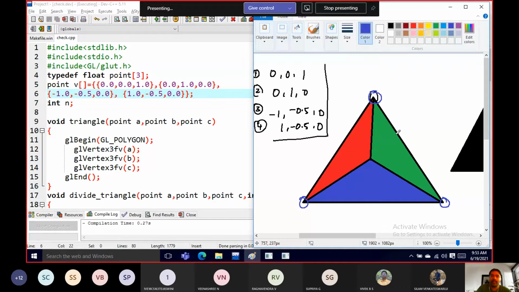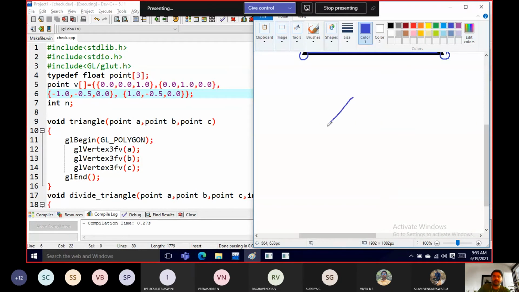How do we understand these 0, 0 values? Let us understand the x, y, and z values. Always remember we are starting from our origin here.